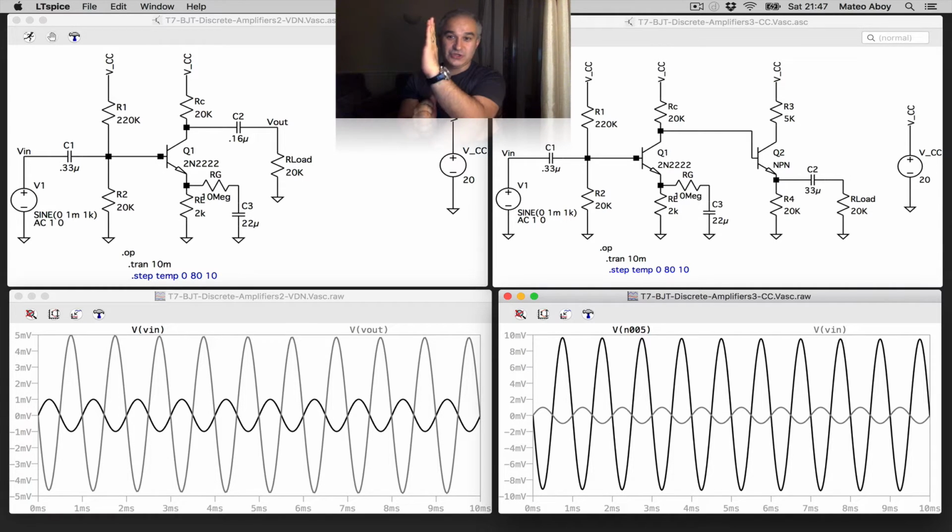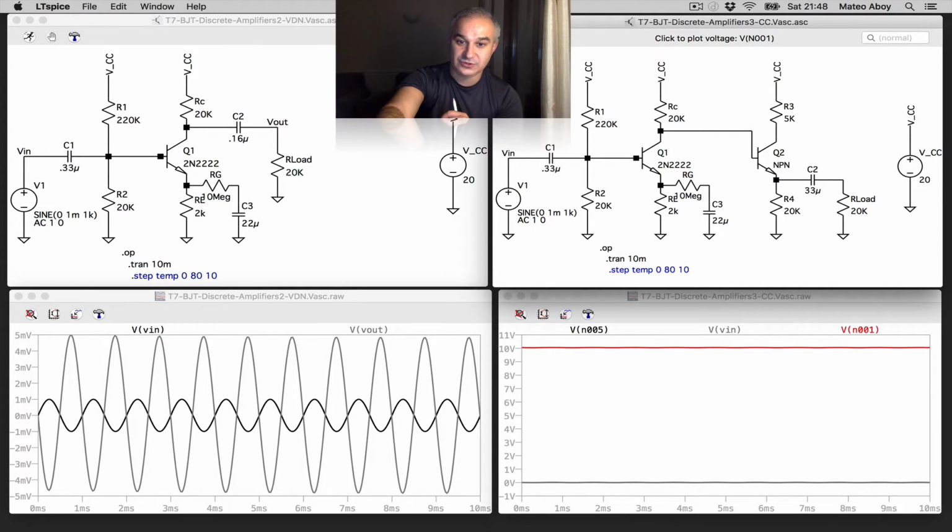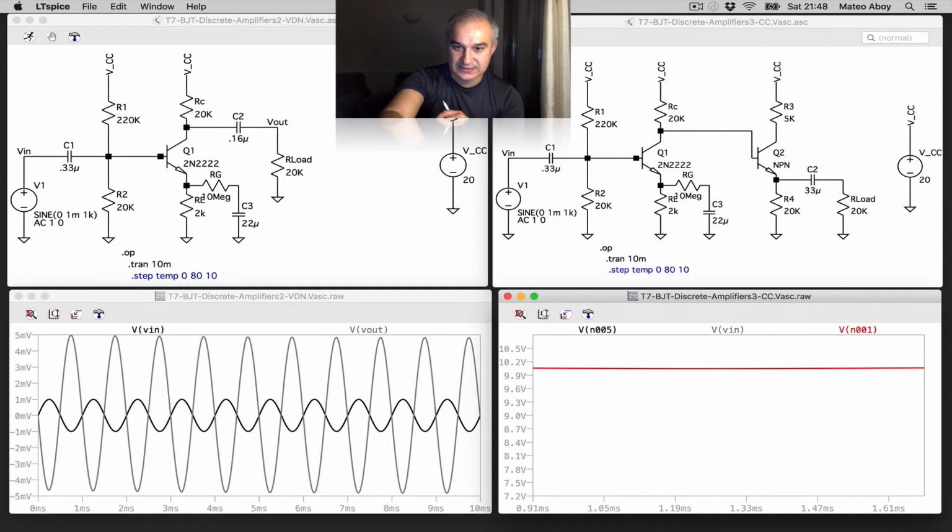Now the collector is common to a signal injected in the base and taking it out of the emitter. It's also known as an emitter follower, because the signal that you have at the collector and at the emitter is the same. In this case, it is shifted, it will be centered at 10 volts, right? And so you cannot see it, but it is.